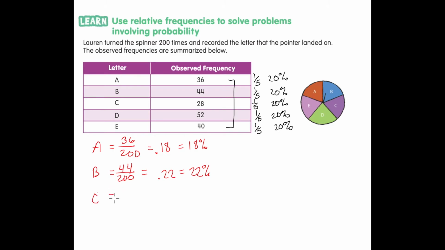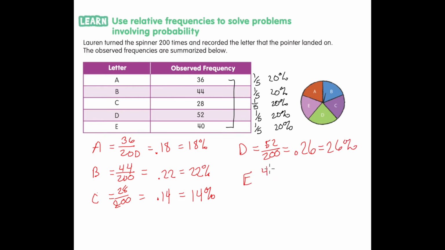If we look at C, that occurred 28 out of 200 times, which is 14 hundredths, or 14%. D was 52 out of 200, which is 26 hundredths, or 26%. And E occurred 40 out of 200 times, which is 2/10, or 20%.